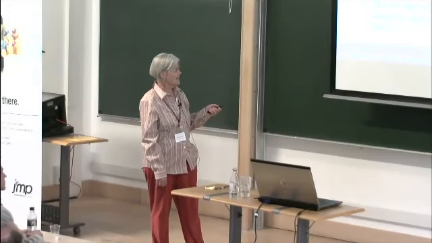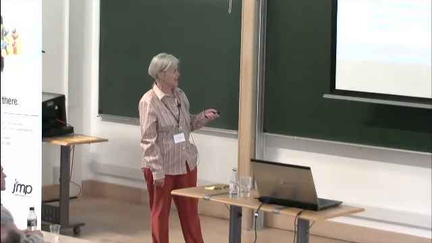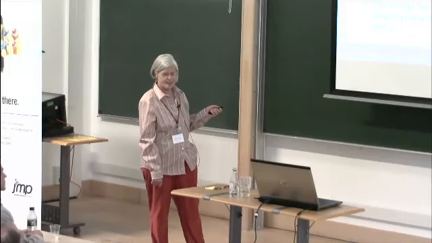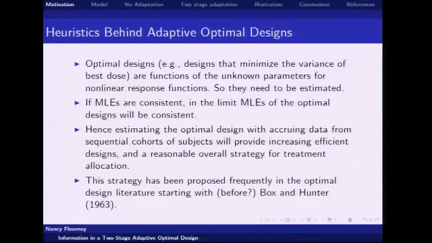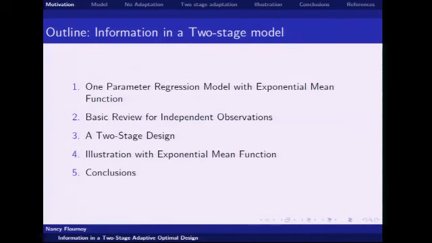I have a proposal from Box and Hunter in '63, and if someone knows of an earlier reference, I'd be interested. So here's the basic outline. I'm taking a very simple model because it can't be simple enough. So we'll look at a one-parameter regression model, and the mean will be exponential.